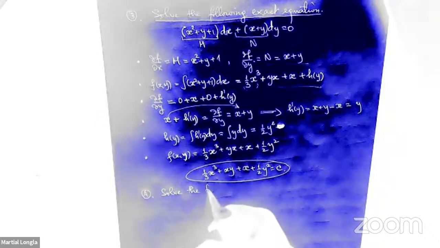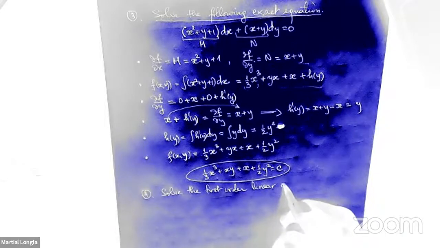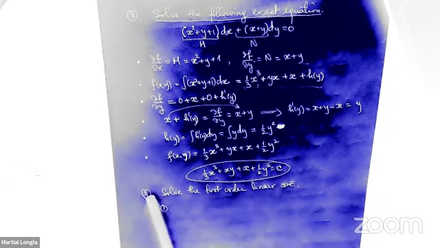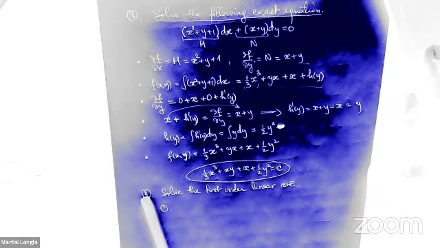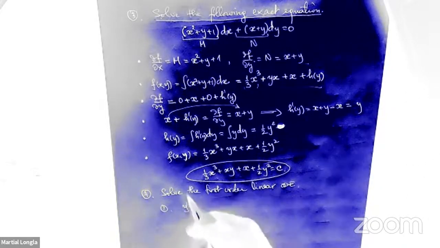The next one was: solve the first order linear ODE in two parts. The first one was y prime plus 3y equals e to the 2x, y of 0 equals 1.